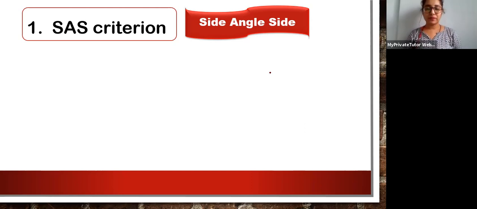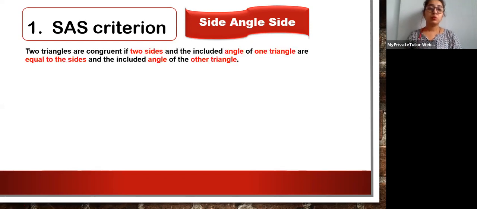So first we have SAS criterion. Now what is SAS criterion? This says that two triangles are congruent if... So to be clear, all of these tests are quite easy. You can easily understand them and I'll be repeating each of those so you get it clearly into your head.